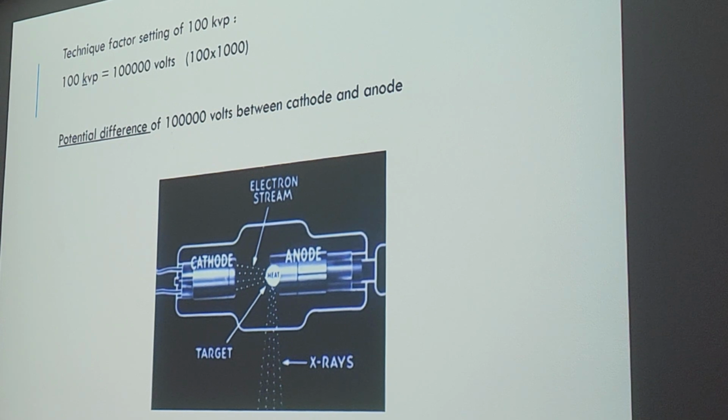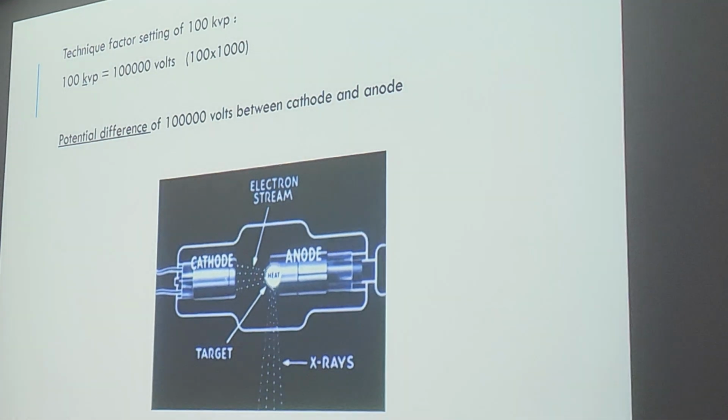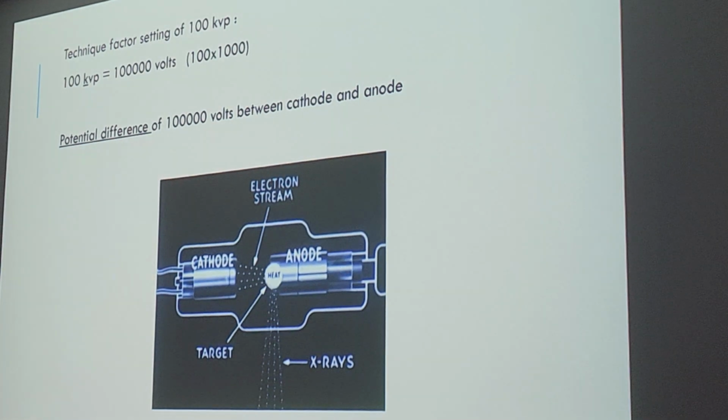All right, so let's see if you remember from physics. What does potential difference mean? Voltage. Why do we need a potential difference for X-ray production? For the flow of electrons, we need to have a difference.